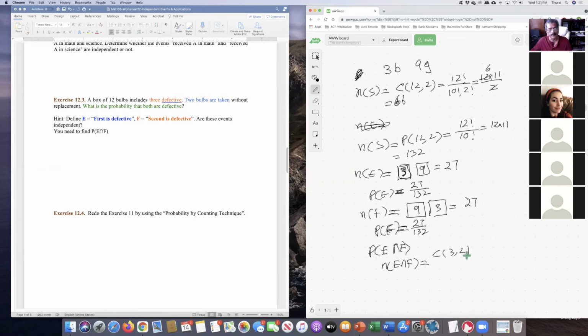Now, since they are both defective, the order doesn't matter. So C(3,2) is factorial 3 over factorial 1 times factorial 2. So that's 3. So the probability of E intersection F is 3 over 132.